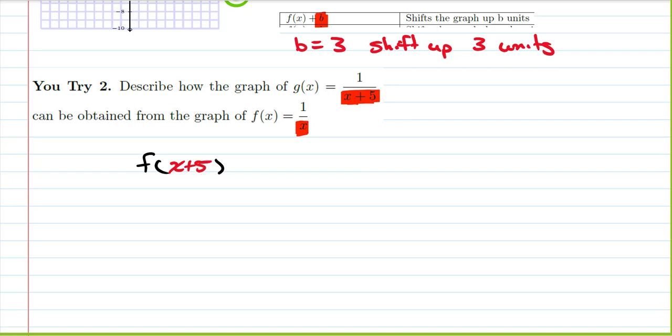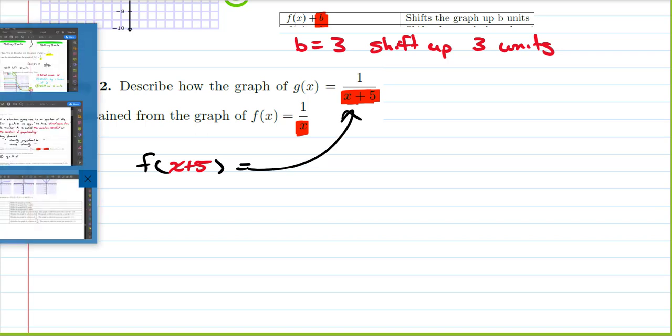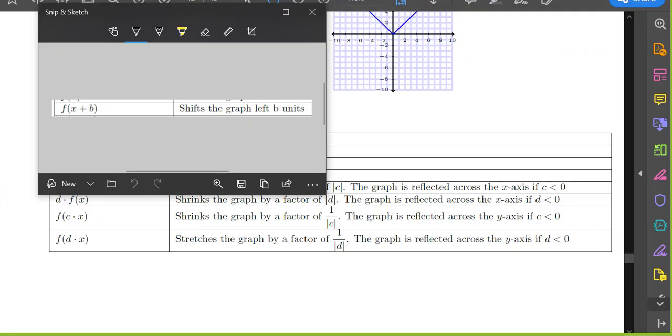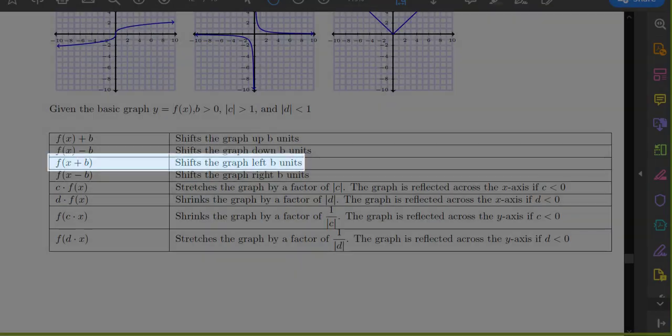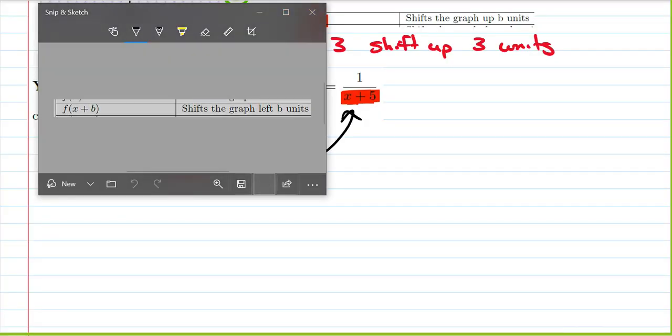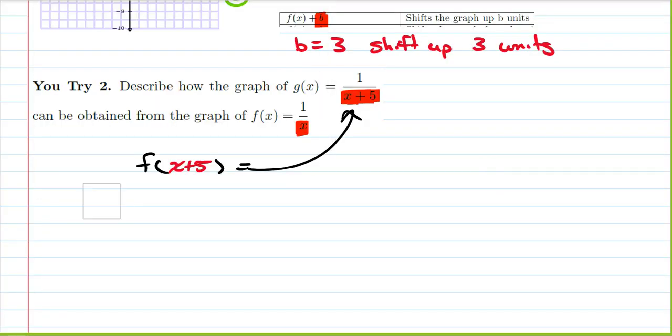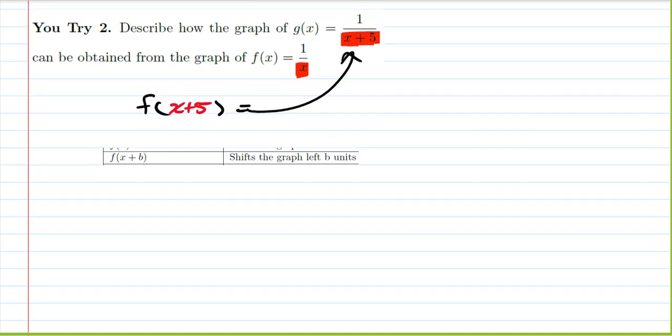So f of x plus 5 is going to be 1 over x plus 5. So we look at our table, and that gives us row 3. So we identify our b as positive 5. And we're going to shift left 5 units.